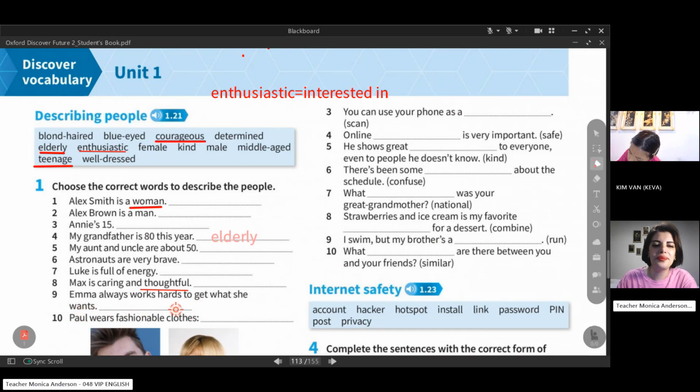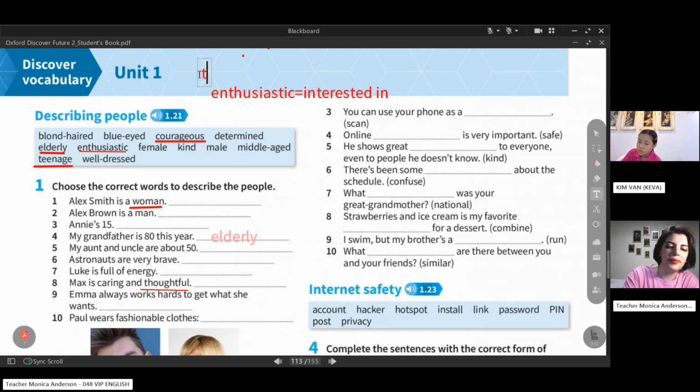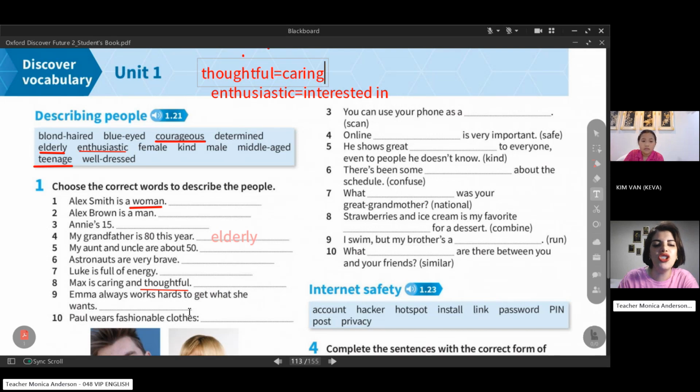And Emma also works hard to get what she wants. Is determined. Yeah, okay. Emma always works hard to get what she wants. Okay. Yeah, of course. Determined.